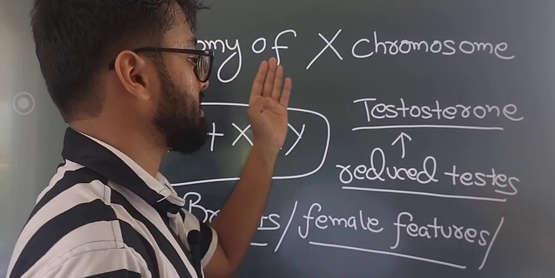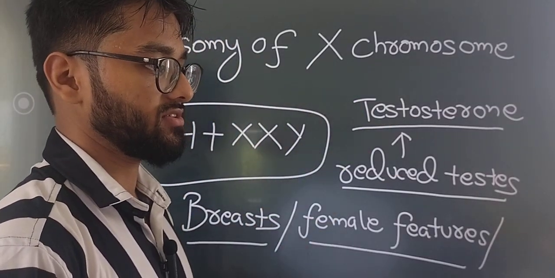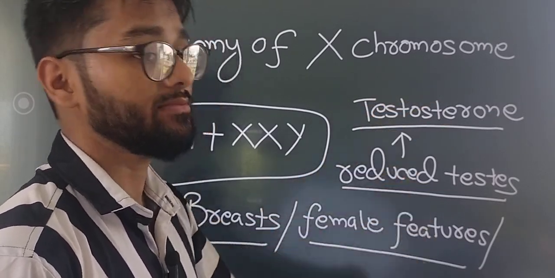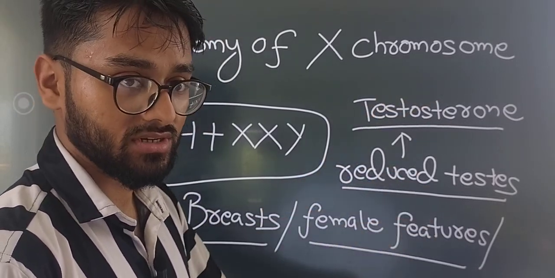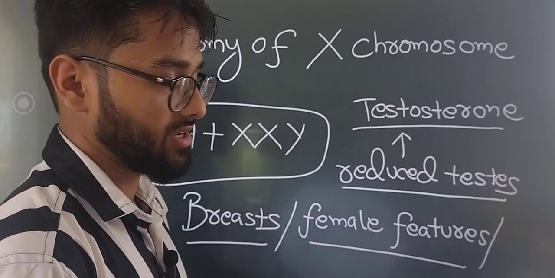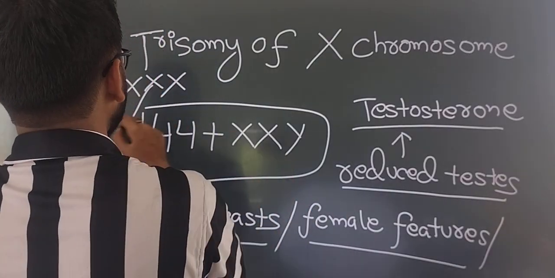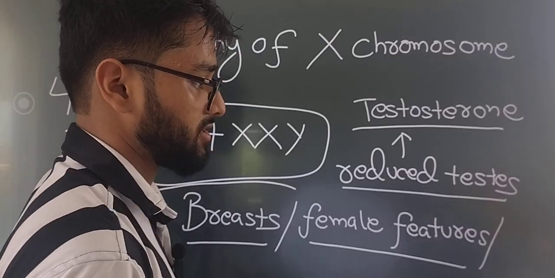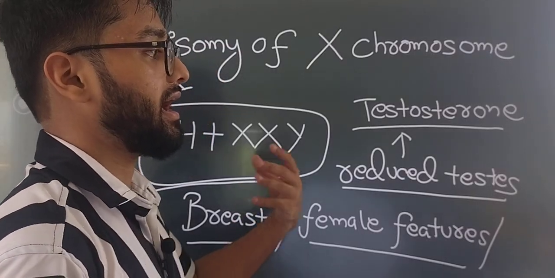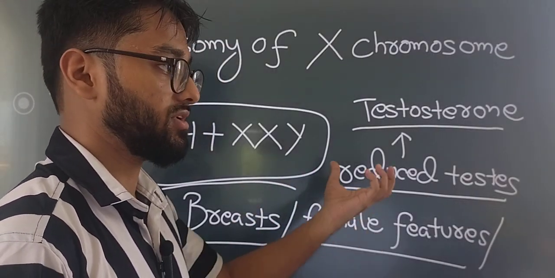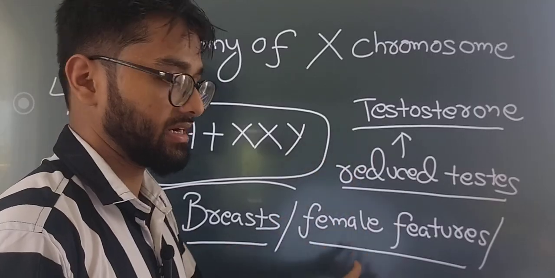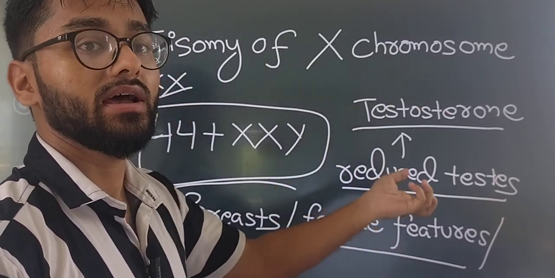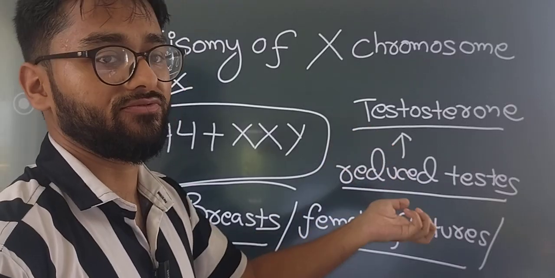There is reduced chance of pregnancy, there is reduction in breast, there is a steep decline in your estrogen and progesterone production. Whether it is your super female or Klinefelter, all these have reduced sexual vigor, reduced reproductive capabilities, and as such they also have a low lifespan.